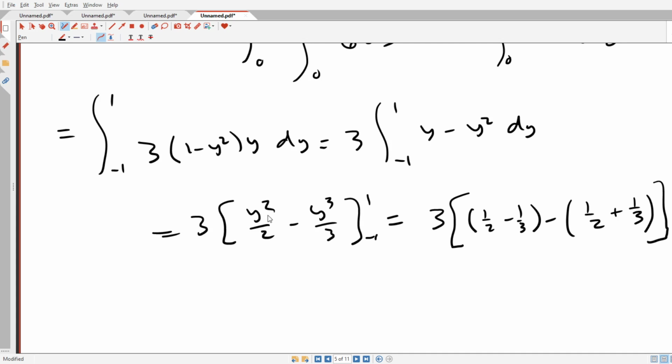Right, because when I plug this in, okay. So the 1/2s cancel. That's not right either.